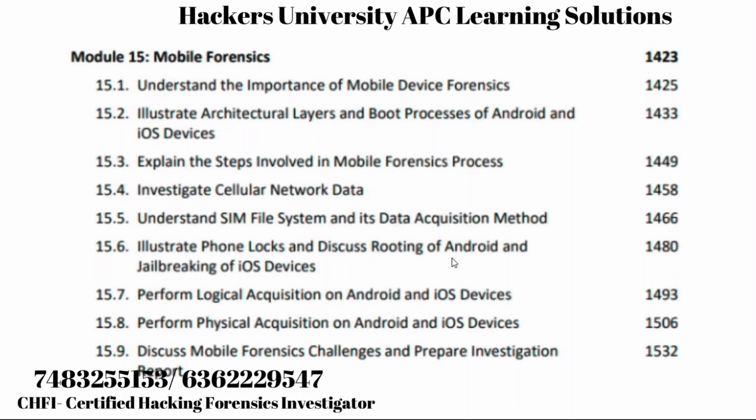That means installing applications from outside the Google Play Store, or the App Store in the case of an iOS device. Then we have to check whether there are security issues due to that. We will perform logical acquisition on Android and iOS devices, and physical acquisition on Android and iOS devices. Then we will discuss forensic challenges and prepare investigation reports.